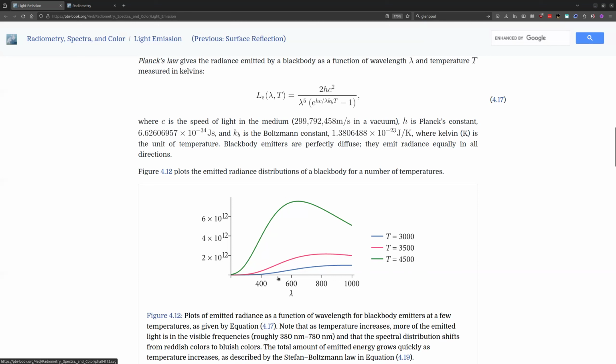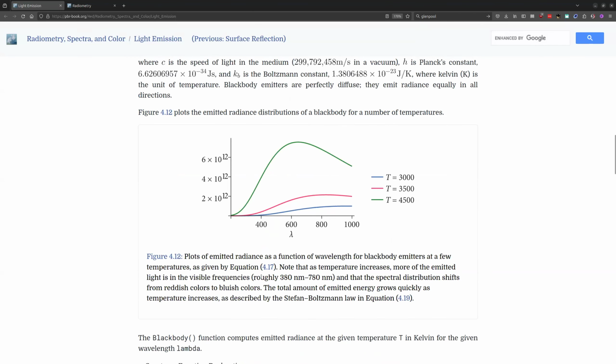And at 3,000 it's so shallow that barely any of it gets emitted at a visible wavelength, which is why it's a deep orange, deep red color versus 4,500 where it's all the way down to blue wavelengths. So you get a more white curve because it's across all three, red, blue, and green. Oh yeah, I didn't read this paragraph, but I think I said mostly what was said here.